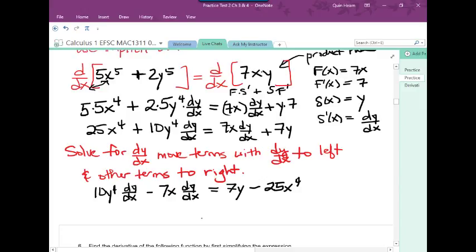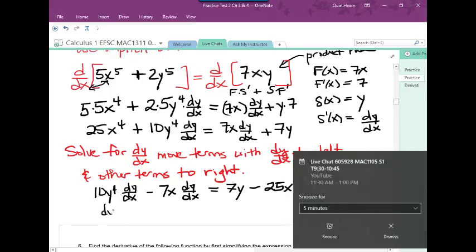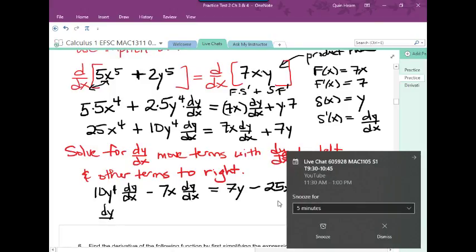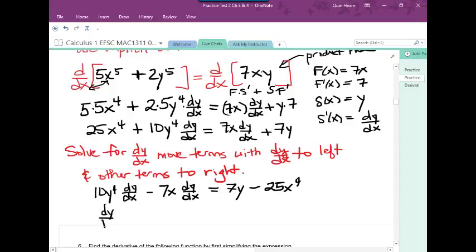All right, why do we do that? Well, now that we have the dy/dx's both on one side, to get them to appear as just one dy/dx, all we have to do is factor out the dy/dx. And what's left behind is 10y to the fourth minus 7x.